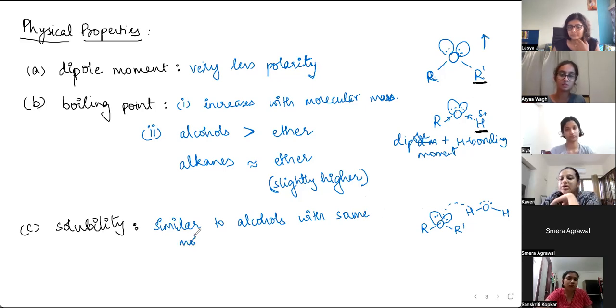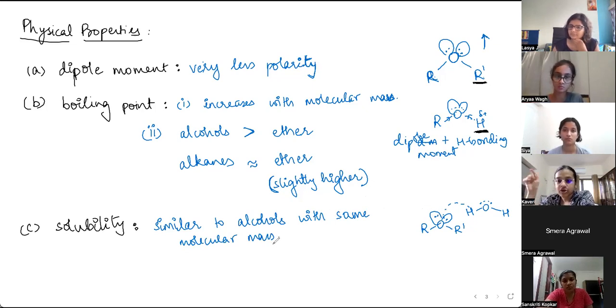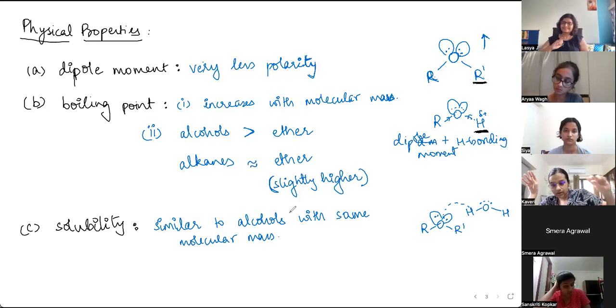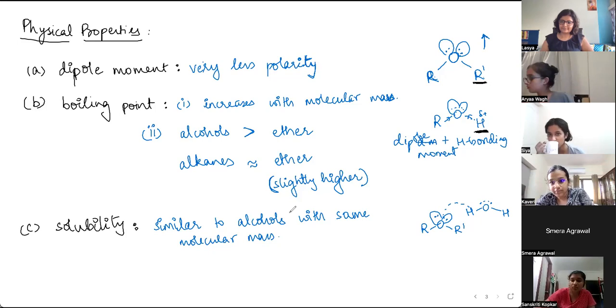Ma'am, another question. In solubility, we always mention energy. So by energy, are we talking about the bond enthalpy between solute and solvent, and the energy that has to overcome the energy between the solute and solvent?